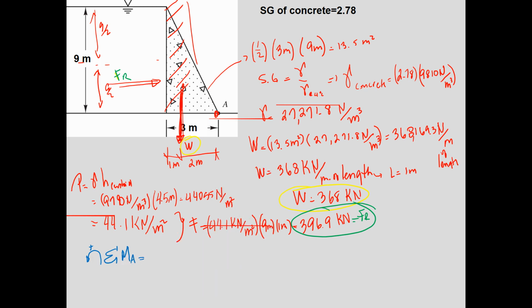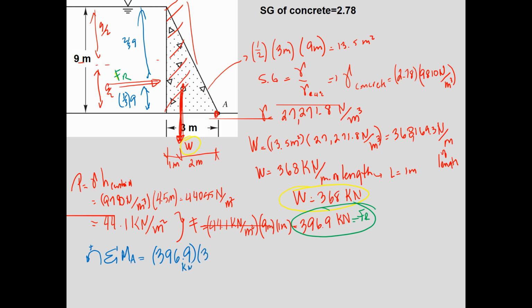So let me start with the resultant force. That's 396.9 times, and remember that the location of this resultant force would be 2/3 of 9 and 1/3 of 9, which is 3 meters.